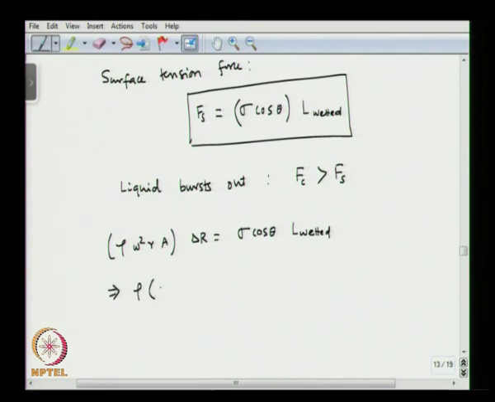So, now we substitute the values. Omega is 2 pi f. So, we have (2 pi f) square into r_a.